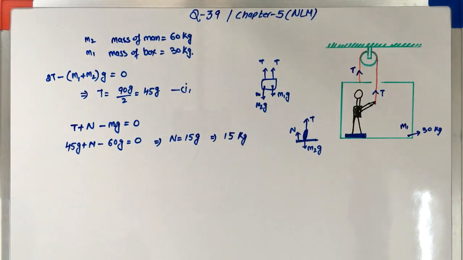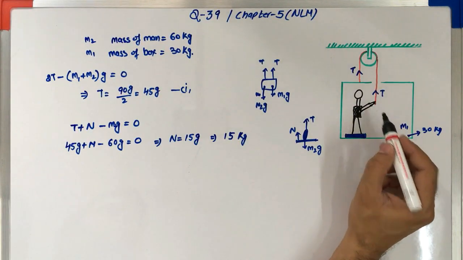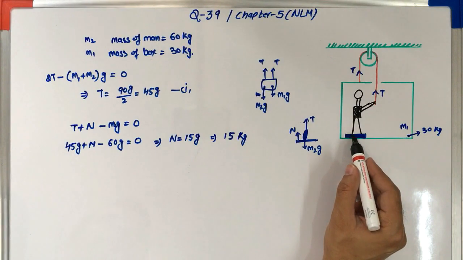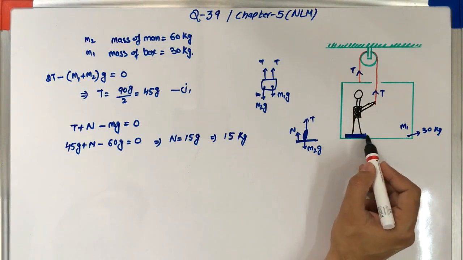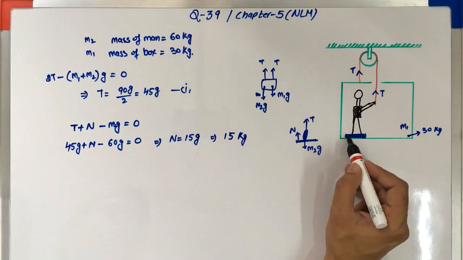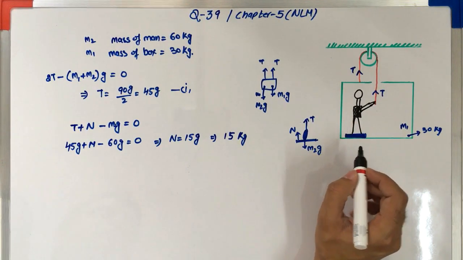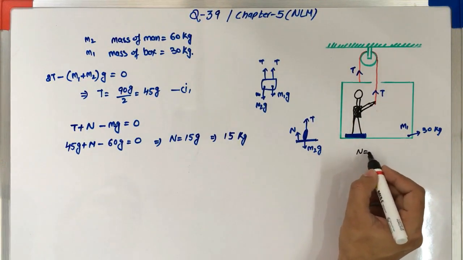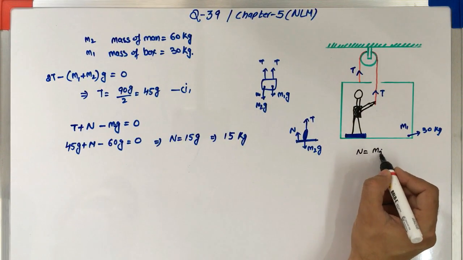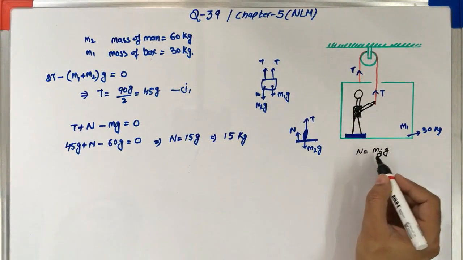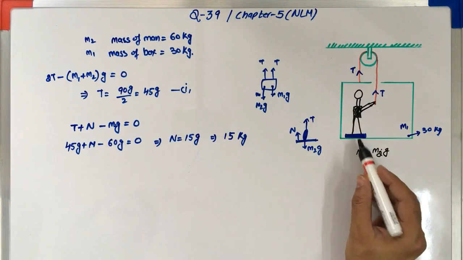Now for the second part, where we have to find the acceleration and the force applied by the man on the string to get the correct weight of the man. If the machine reads the correct weight of the man, then N should be equal to m2g, because the mass of the man is m2.